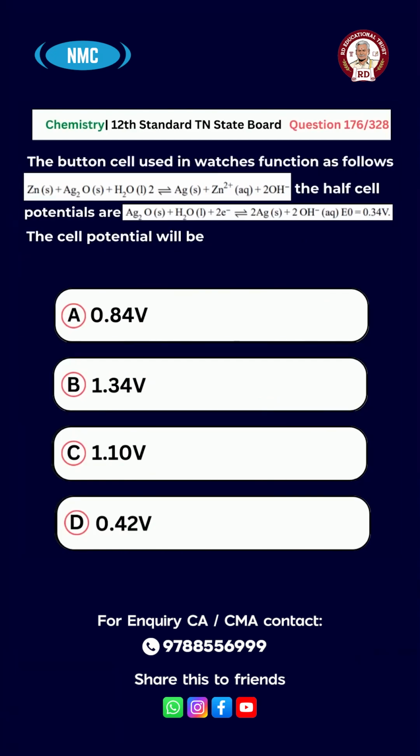Question number 176. The button cell used in watches functions as follows.